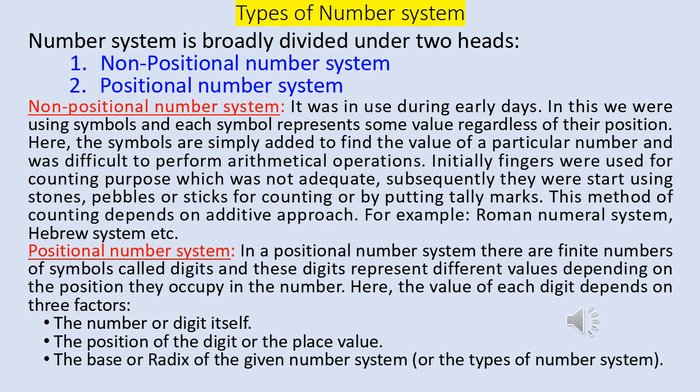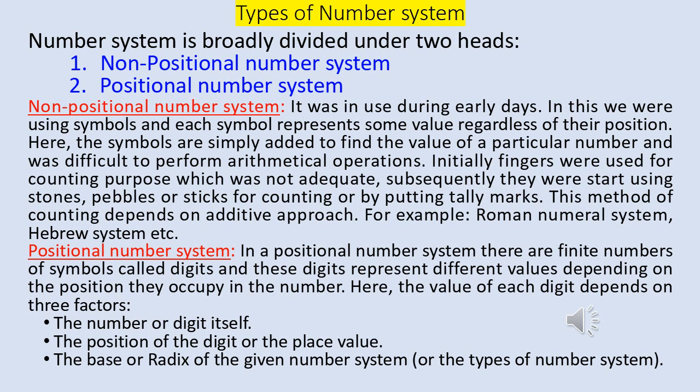In this, we used symbols, and each symbol represents some value regardless of its position. Here, the symbols are simply added to find the value of a particular number, and it was difficult to perform arithmetical operations. Initially, fingers were used for counting, which was not adequate.